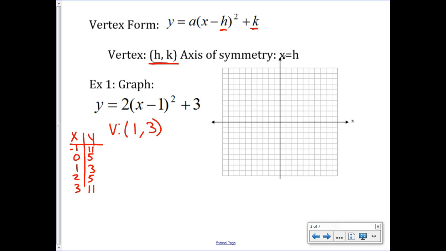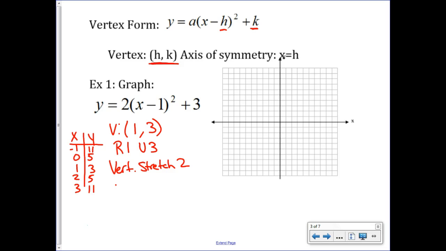One thing that's happening from your original is we've moved to the right 1 and we've moved up 3. I can also tell by our a value that we had a vertical stretch of 2. We multiplied by 2. That 2 up front is what tells me that.